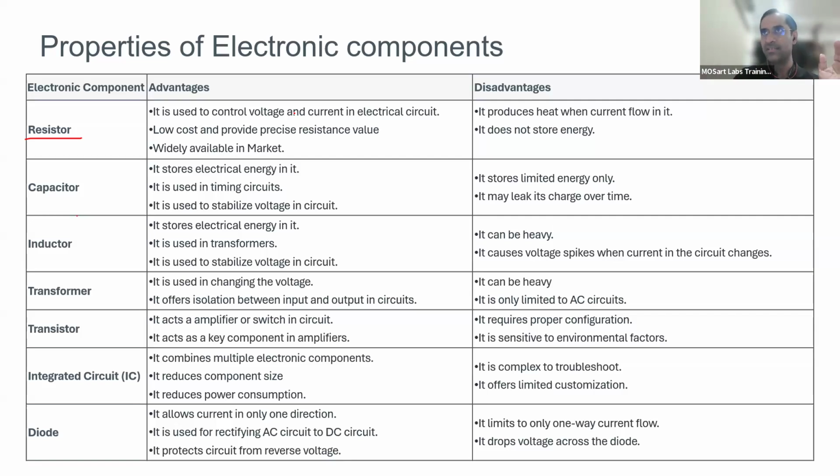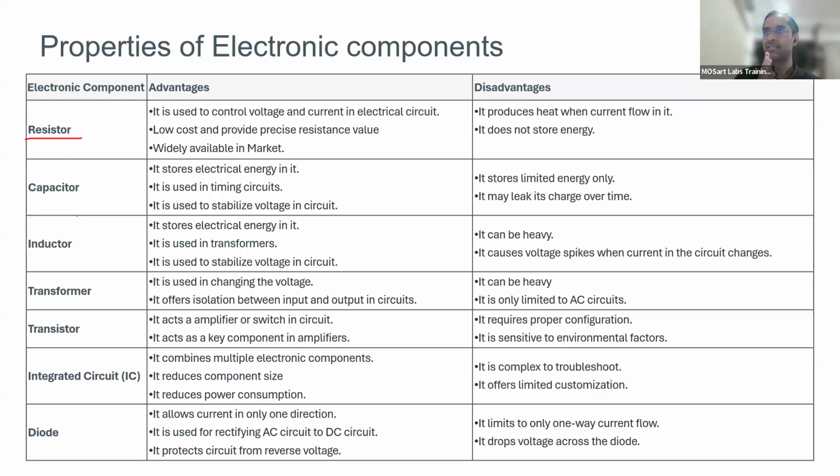Similarly, whenever there is a circuit, these resistor elements try to oppose the flow of current. That opposition to the flow of current is basically your resistance. So the larger the resistance, the smaller is your current, because it's opposing the current.